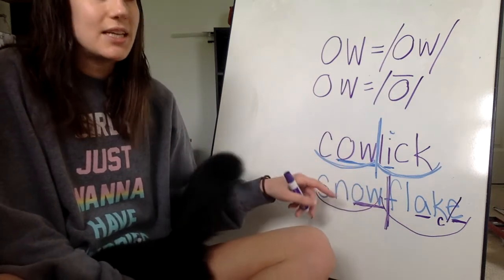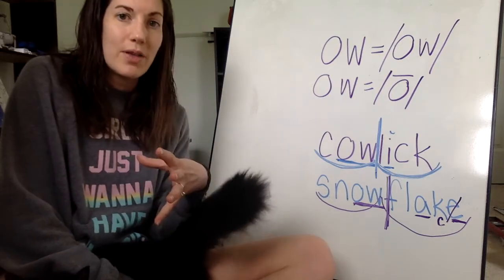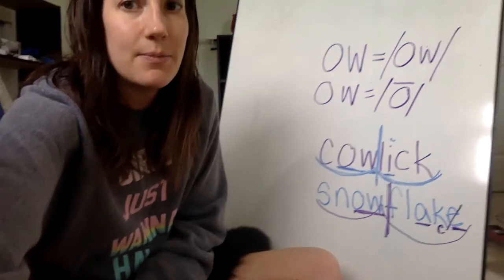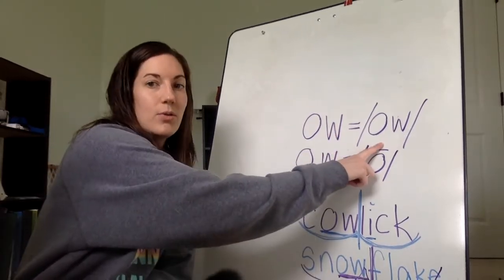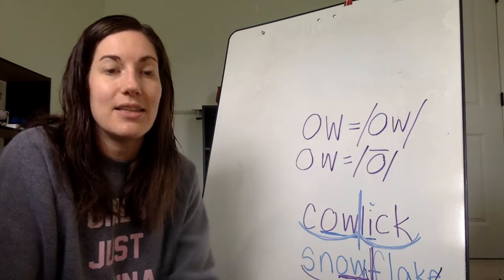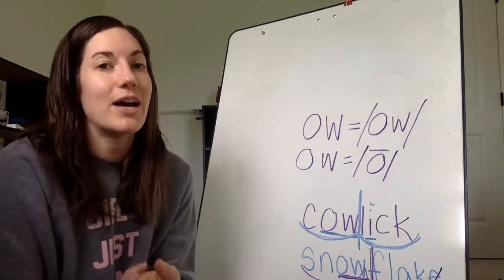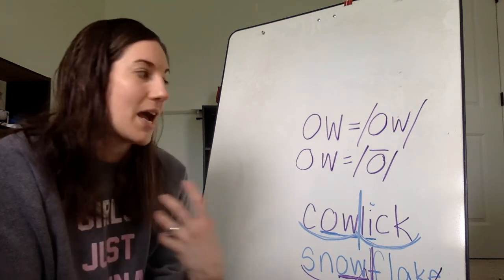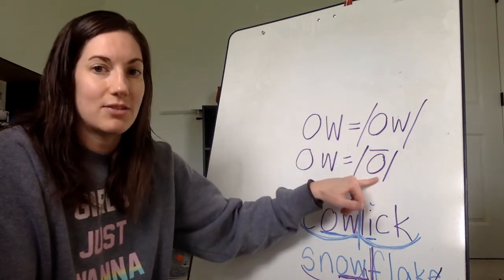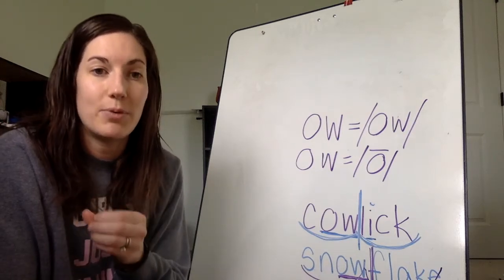So when you see OW in a word, you have to decide and maybe try both out. Is it going to say "ow" or is it going to say "O"? And we've been talking in class lately about flexing our vowels, which means that sometimes when we sound out a word, the vowels don't sound right to make a real word, and we have to flex it and try the other sound. So on the next slide, you're going to be reading words that have OW in them.